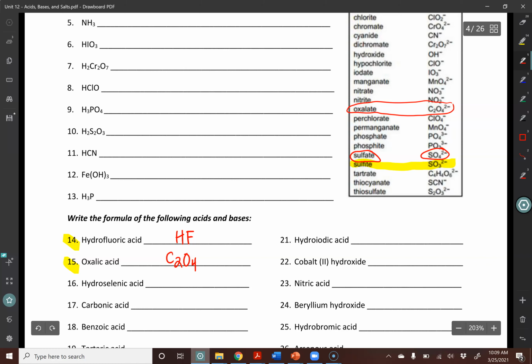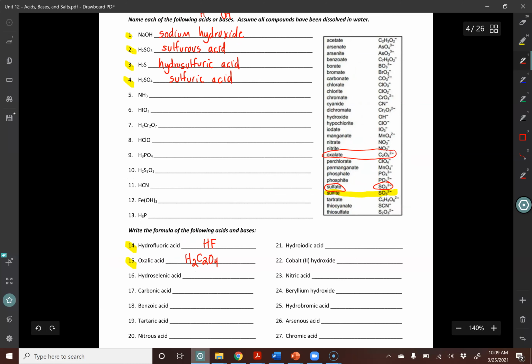This is an acid, so I know there'll be hydrogens present. If the oxalate ion has a charge of 2-, how many H+ ions are we going to need to balance out that charge? Yeah, hopefully you're thinking 2. Oxalic acid would have the formula H2C2O4.